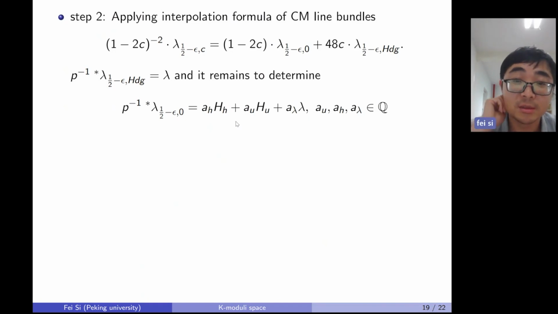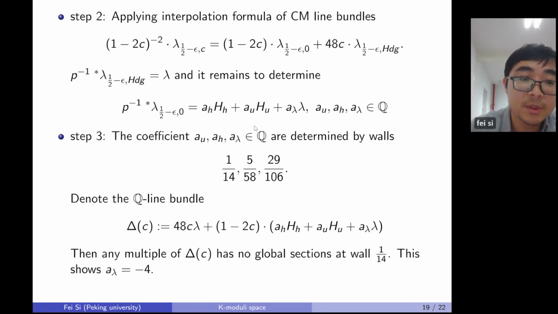Because the locally symmetric variety has Picard number 3, so its Picard group is just generated by these 3 divisors. So we need to determine what the coefficient for this line bundle is.